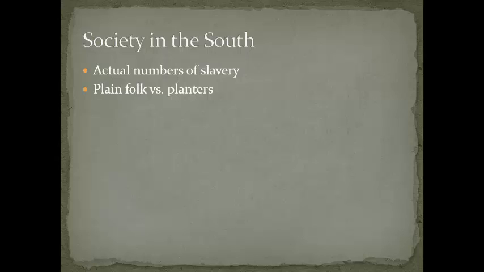Maybe it was less than 1% owned 30% of the slaves. So you have a substantial chunk of the slaves being owned by very few people. Most people in the South are plain folk, and they're subsistence farmers. They grow just enough food to eat. They're the poor farmers of the South.